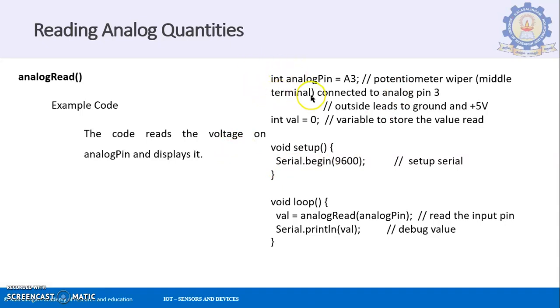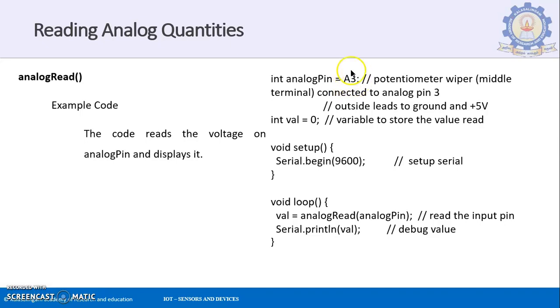And this particular program is going to explain the working of that concept. So we are connecting the particular pin of my Arduino to pin number A3. As I told you, I am assigning the pin A3 to a variable analog pin. This we had done earlier in the digital program.